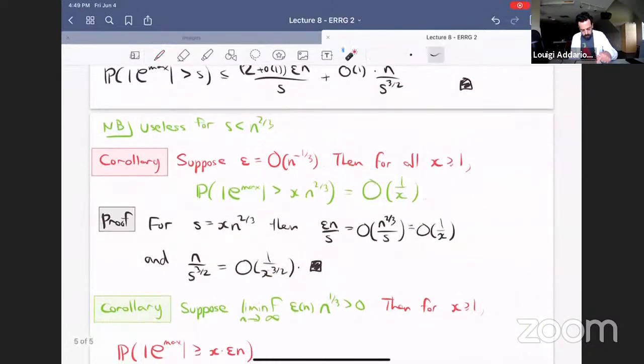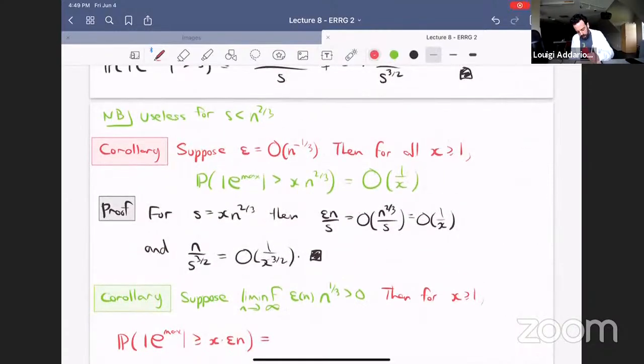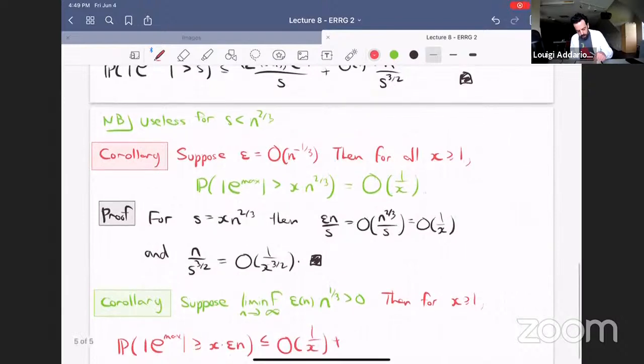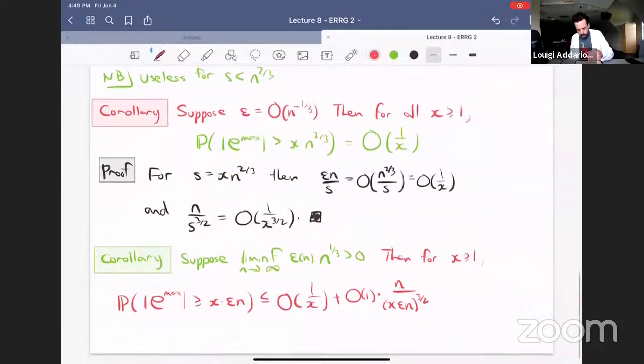Okay, and what will we get out of our two terms? If we take s to be epsilon n times x, then the first term is giving us order 1 over x. And the second term is giving us order 1 times n divided by x epsilon n to the 3/2, and we can rewrite that.